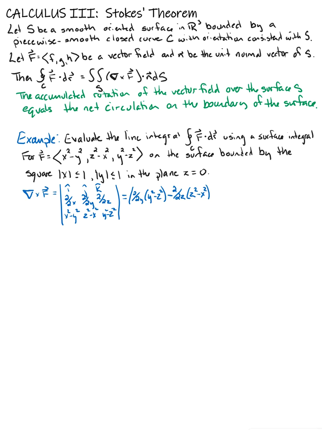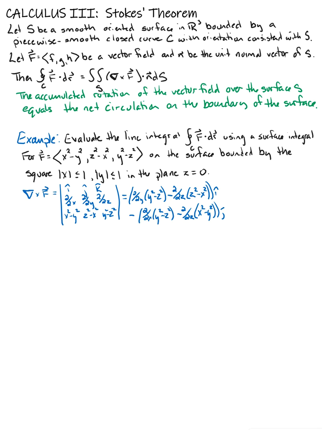This is the i component, minus our j component, which is the partial with respect to x of y squared minus z squared minus the partial with respect to z of x squared minus y squared.